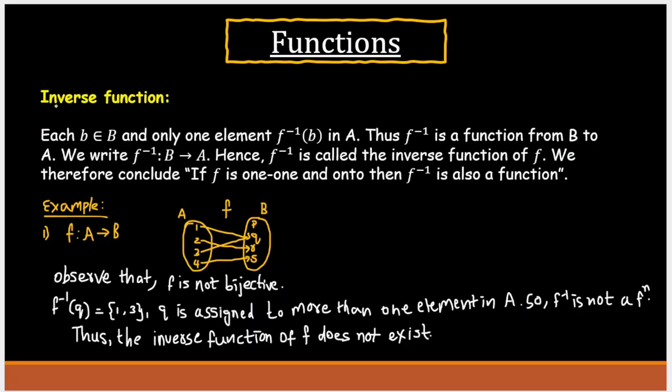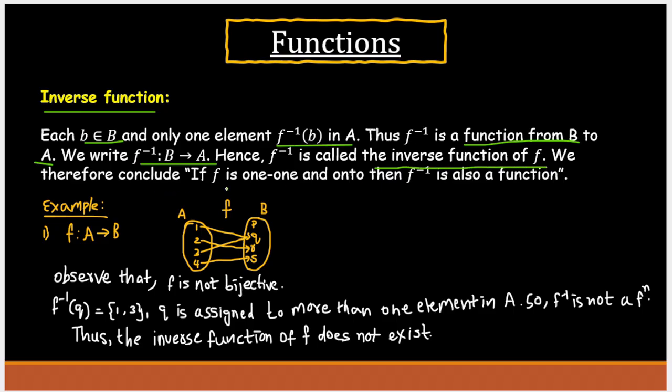Inverse function. Here each b belongs to B and there is only one element f inverse of b in A. Thus f inverse is a function from B to A. We write f inverse: B to A, hence f inverse is called the inverse function of f.